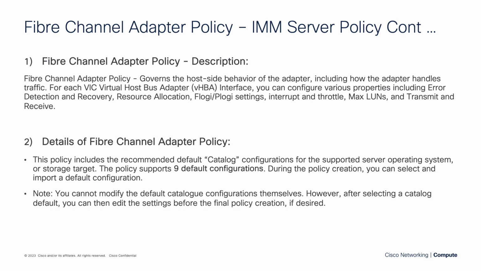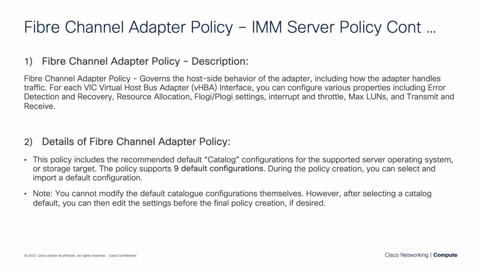But as you build that policy, you have the capability to select 9 different catalog defaults that fit different operating system use cases, as well as different use cases for integrating with direct attached storage.